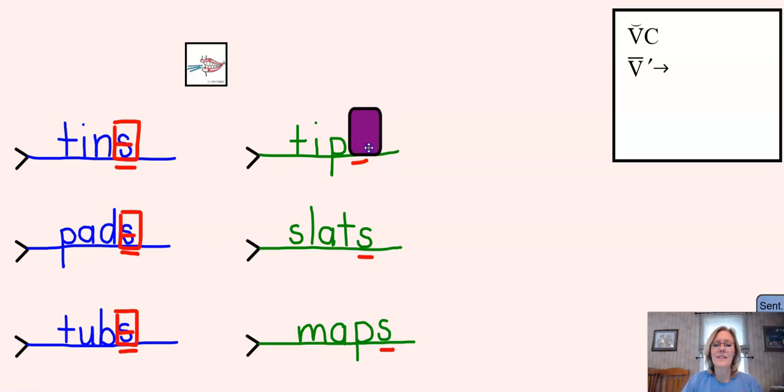Not voiced. Let's try it on the next one. Slat, t, t. That's not voiced, is it? Map, p, p. It's unvoiced. So our rule here is if the suffix S or final S comes after an unvoiced sound, the S will also be unvoiced. So I'm going to box our suffix S.